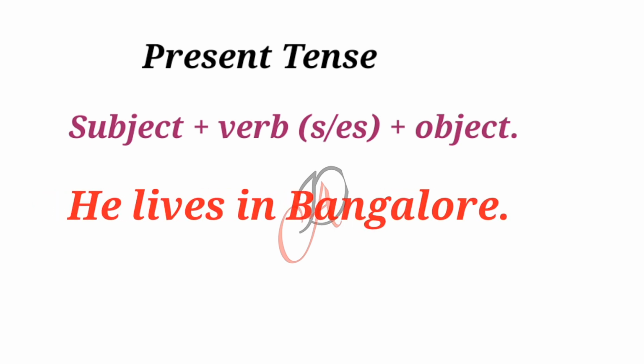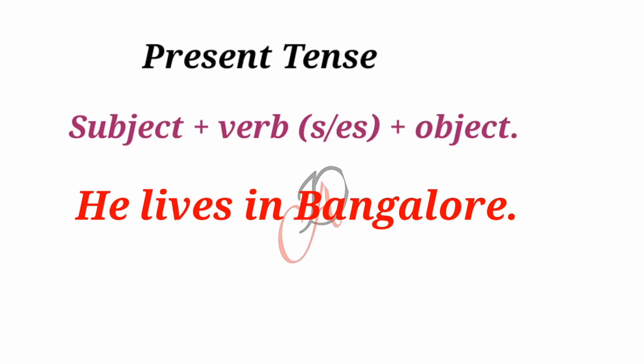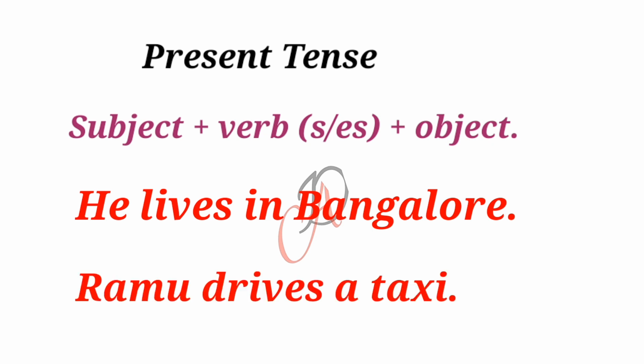He lives in Bangalore. The second example, Ramu drives a taxi. When you look at the examples closely, he and Ramu are the subjects, with the verbs lives and drives having s or es, and the objects are Bangalore and taxi. Therefore, both are examples of present tense.